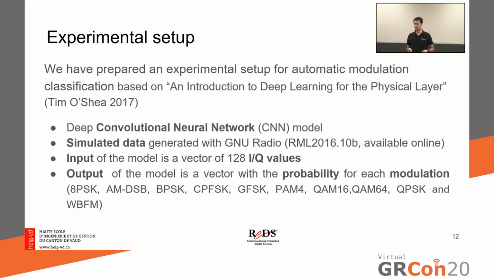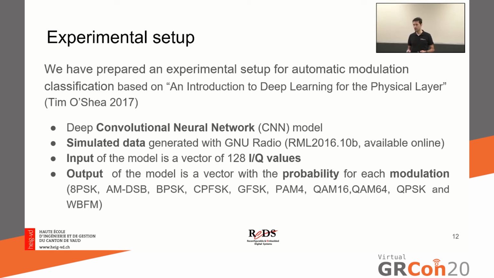We are using a paper from 2017 called An Introduction to Deep Learning for the Physical Layer by Timothy O'Shea, where he proposes to use a deep convolutional neural network model for classification. You have the architecture of the model in the original paper. Then they use simulated data generated by GNU Radio for training. It's also available online, so you can download it.